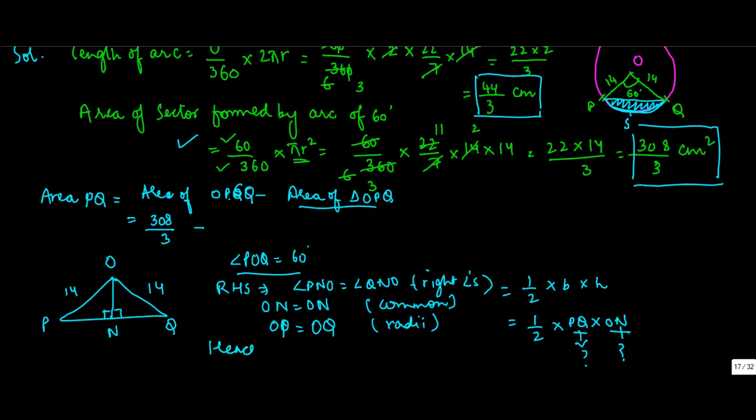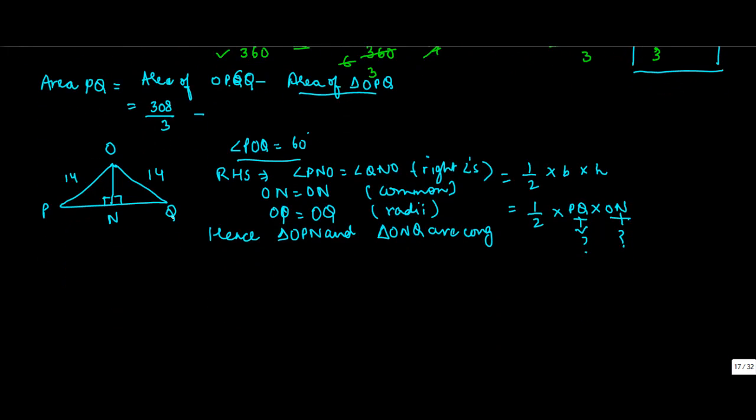Hence, triangle OPN and triangle ONQ are congruent, which means angle PON is equal to angle NOQ, corresponding part of congruent triangles.